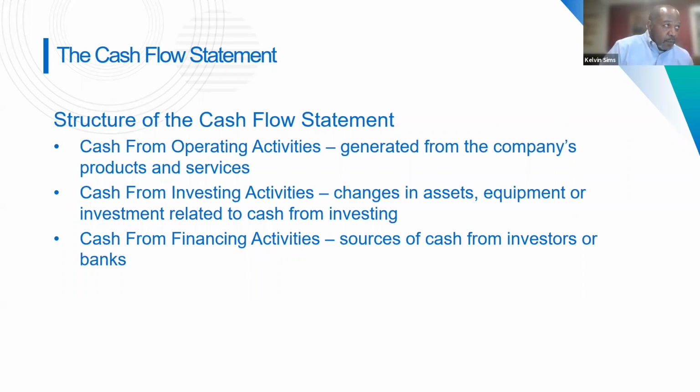So looking at it, where does the cash come from? Is it coming from an operating activity, meaning I'm selling a product or services to drive that revenue, or is it an investment, the change in my assets? Am I buying more assets or acquiring more equipment to help me build or make my product or services?